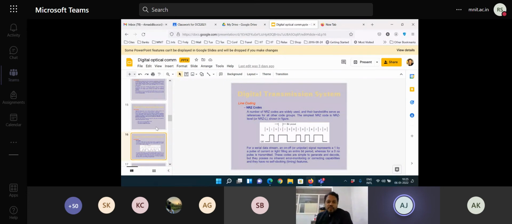So this is about NRZ codes, which refer to non-return to zero. Since you're already familiar with this, I won't go into the details.